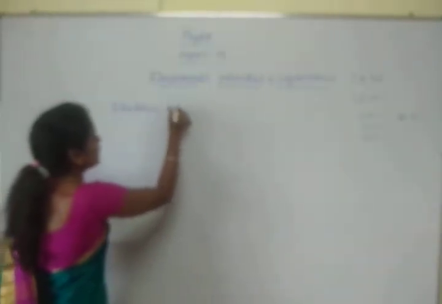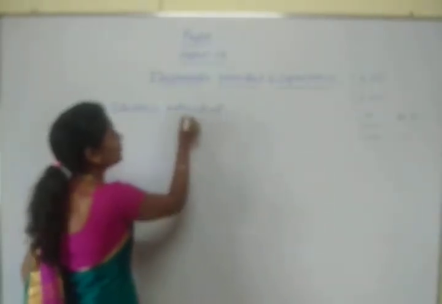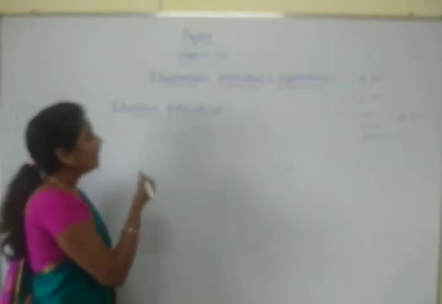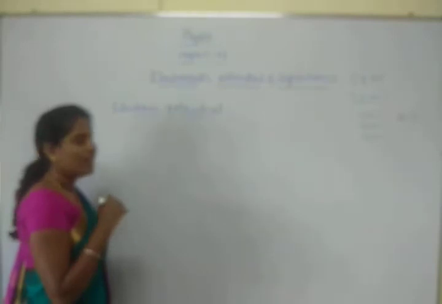The first concept is electric potential. What do you mean by electric potential? Electric potential at a point in an electric field is defined as the work done by a unit charge from infinity to the given point in an electric field.